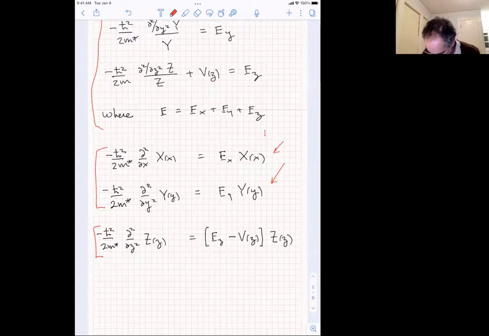So they look exactly like Schrodinger's equation where we've set the potential equal to 0. So that's what these describe. They describe a particle that's free to move, like a free particle, in the x direction or in the y direction. All right? So electrons in a two-dimensional quantum well are free to move in the plane.